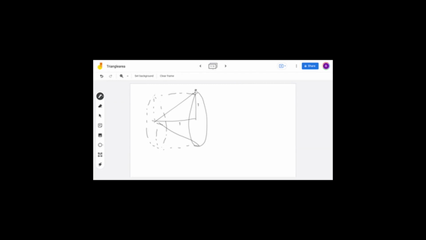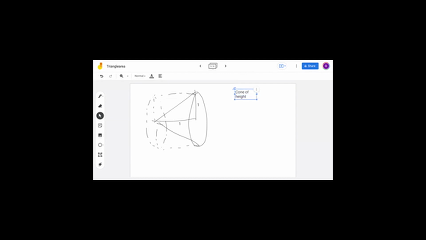Yes. So what is the volume of that cylinder? Pi r square, sir. Yes. Tell me the formula for the volume of the cylinder. Pi r square h, sir. Pi r square into height.